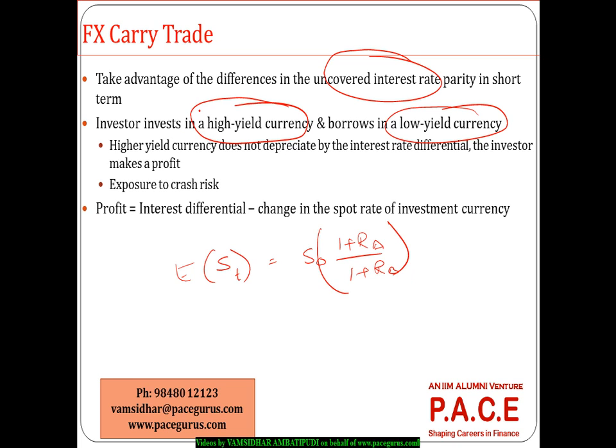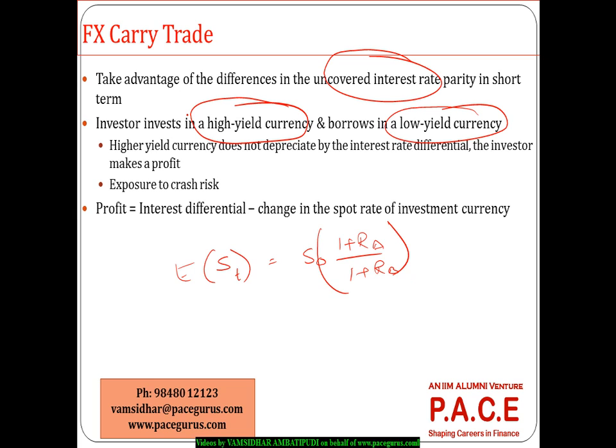Of course, obviously, if the interest rate differential RA minus RB is much higher, what we said is the currency A must depreciate with respect to currency B by that much amount. But in reality, especially in the short term, it may not happen.